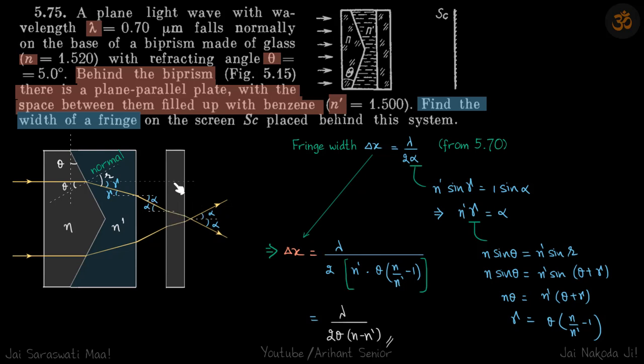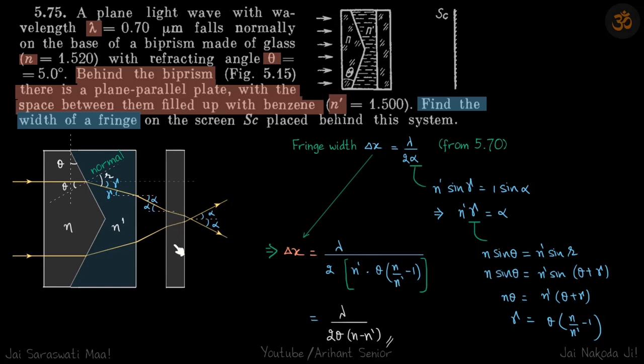Now we know that if on the left and the right side of this glass slab the refractive index is the same, so in this case it is air here and it is air here, there will be a little bit of deviation, but overall the angle will not change. So if it is striking the slab at an angle alpha, it will move out of the slab also at an angle alpha.